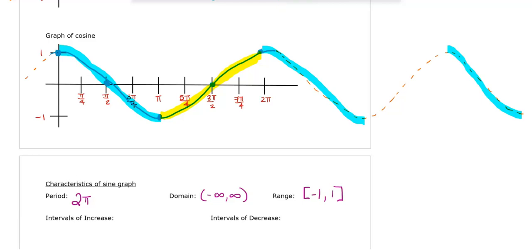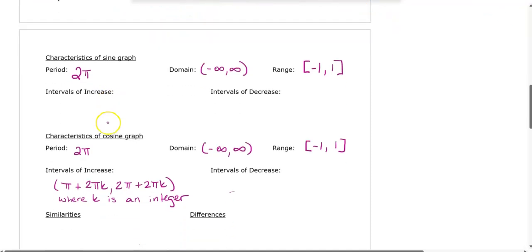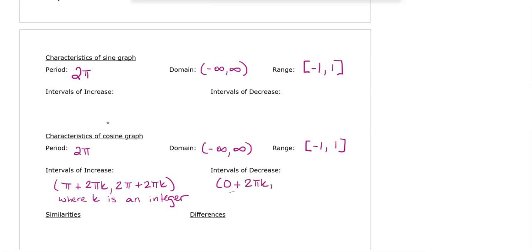So if I come down here and say my intervals of decrease, same kind of idea, I have 0 plus 2 pi k to pi plus 2 pi k, where k is an integer.